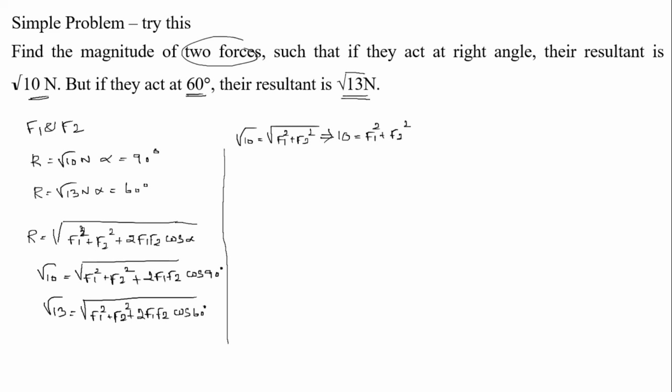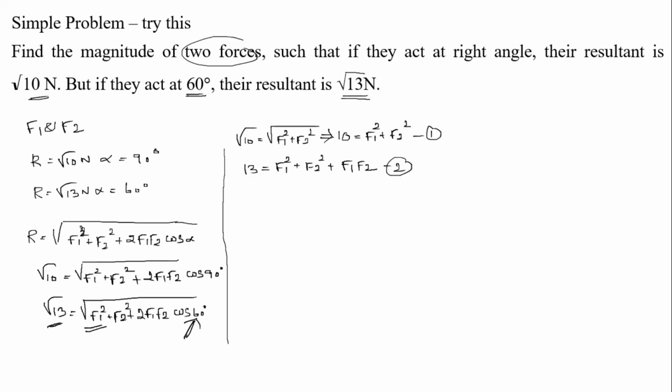So similarly, square root of both sides of this equation, then automatically 13, which is equal to F1 squared plus F2 squared plus F1 F2. Simplify this, substitute cos 60 value and simplify this, then we will get this equation. This is 1, this is 2.